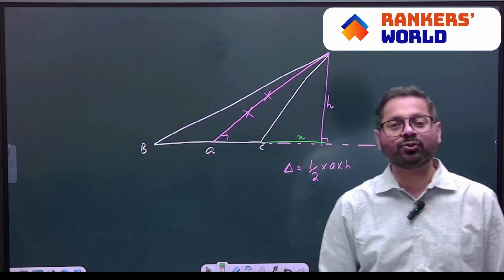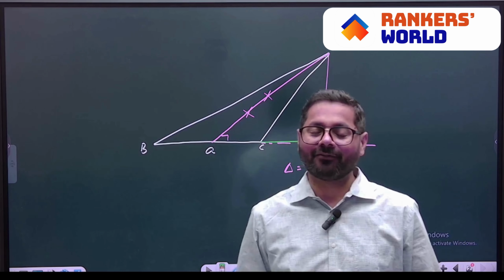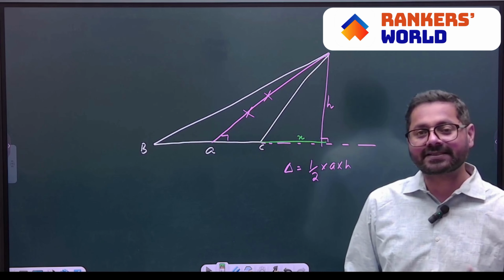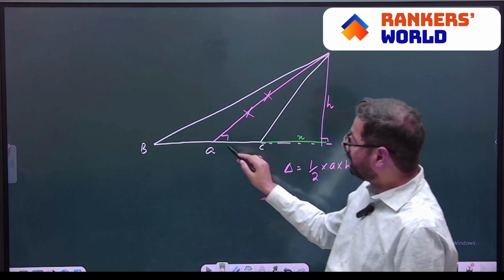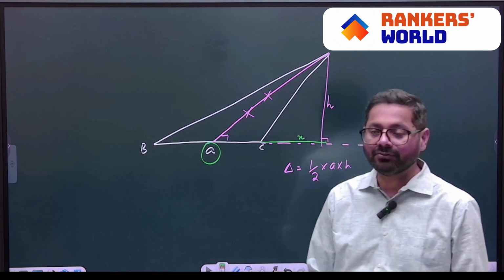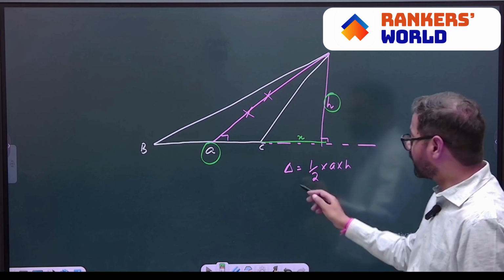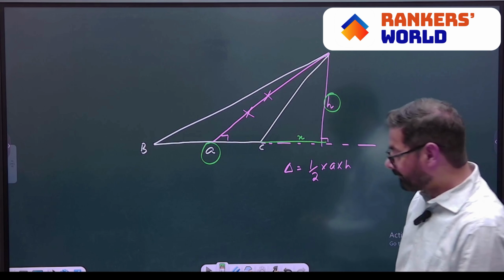My answer is no. Where that altitude comes on the base or the extended side of the base will not make a difference. If you know the base value and the altitude or height value, you can just multiply half base into height and you get the answer.